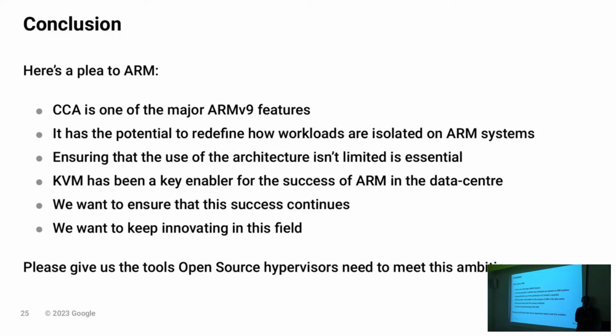I mean, that's how the ARM architecture managed to get off the ground. And it has to be said, KVM has been really an enabler for ARM in the ecosystem, especially in the data center. We'd like to ensure that this trend continues, and we'd like to be able to carry on innovating in that field. So what we ask ARM is to give us the tools to basically meet this ambition.